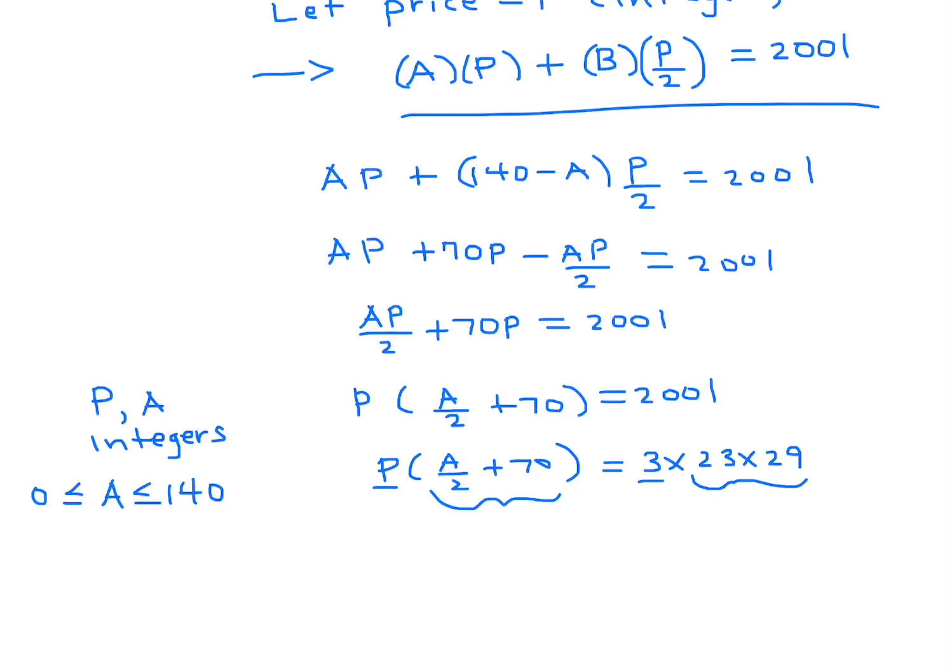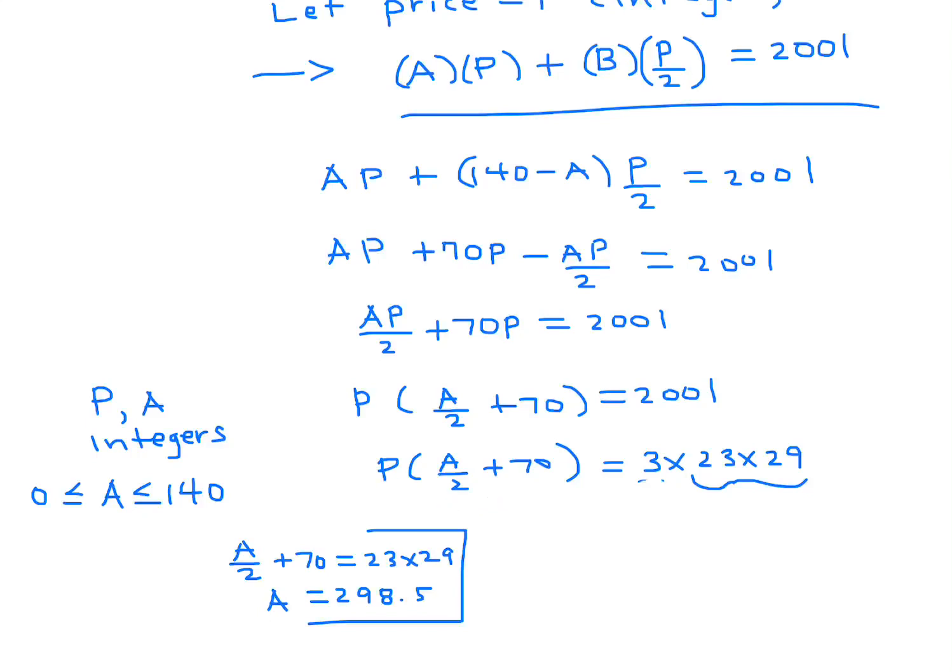So if A over 2 plus 70 is equal to 23 times 29, and you solve for this, you get A is equal to 298.5. So this can't possibly be right because, first of all, A is greater than 140, and also A is not an integer, so this is wrong. So that's fine. That's what trial and error, that's what inspection is all about.